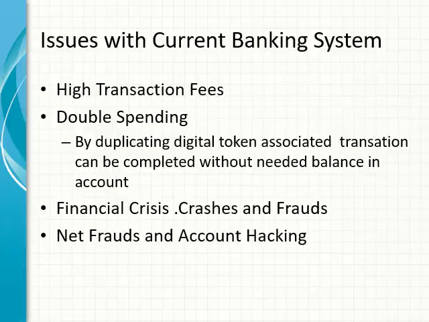Even if we don't have the balance in our account, by duplicating the digital tokens we can complete the transaction. So this is a problem of the traditional banking system. Then the next problem in the traditional banking system is financial crisis, crashes and frauds.